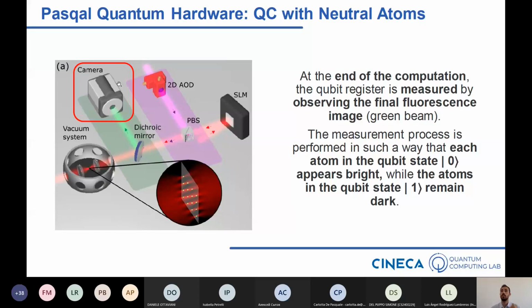As you know, the measurement is classical: either you get a 0, a ground, or a 1. In this final fluorescence image, qubits in the 0 state appear bright, while qubits in the 1 state are dark. That's how they measure the final state.